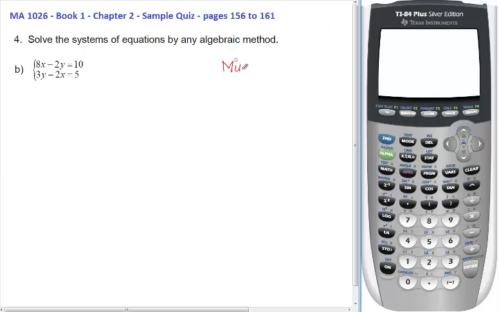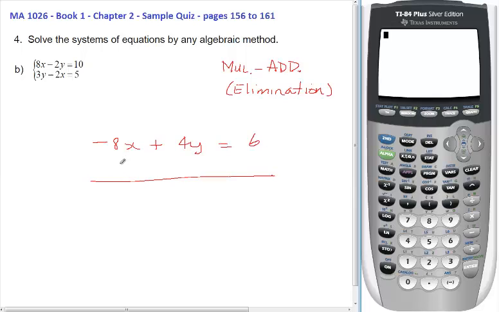In the multiplication addition method, you want to eliminate a variable. Therefore, in other books, this is called the elimination method. In order to eliminate, we have to have the same value, for example, if I have negative 8x plus 4y equals 6, then to eliminate the x, I need positive 8x underneath it.